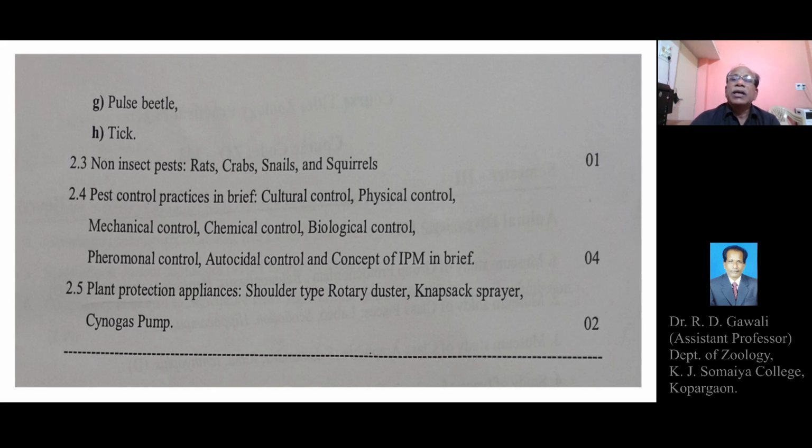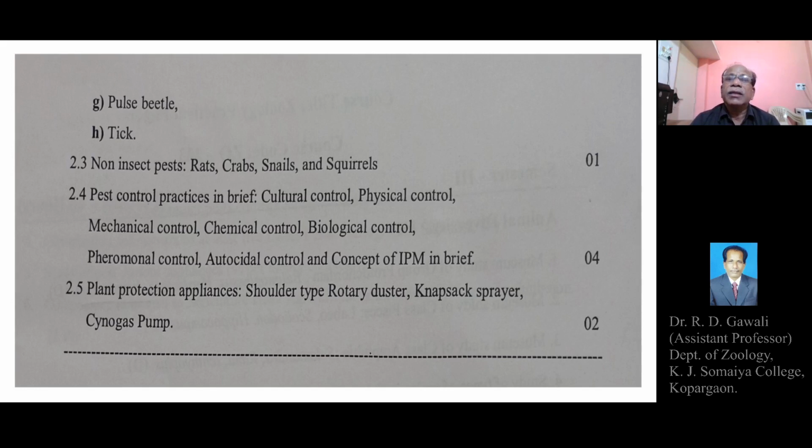So these are the acarine arthropods, and these are the veterinary pests attacking cattle, oxen, goats, sheep. So these are the different lactating animals and domestic animals. These are infested by the tick.